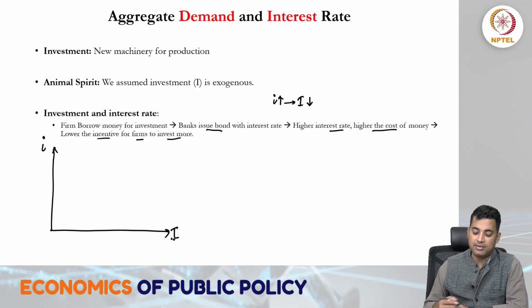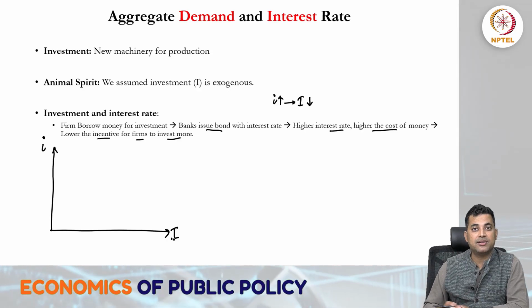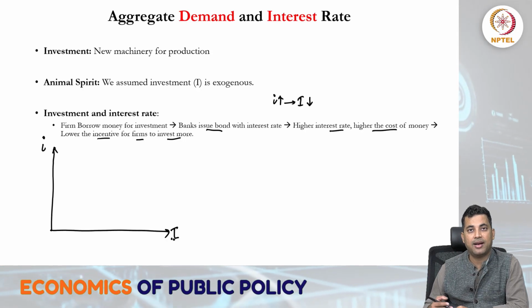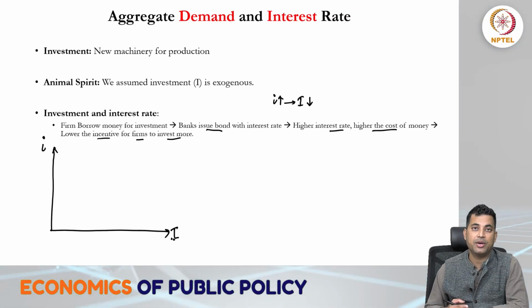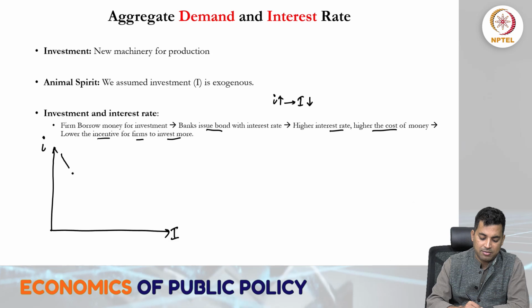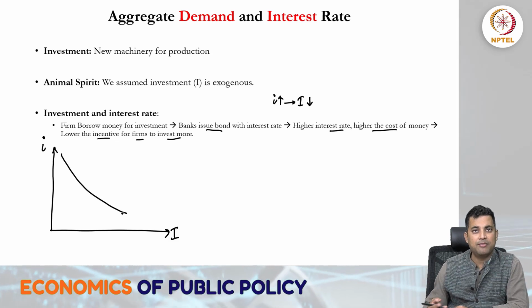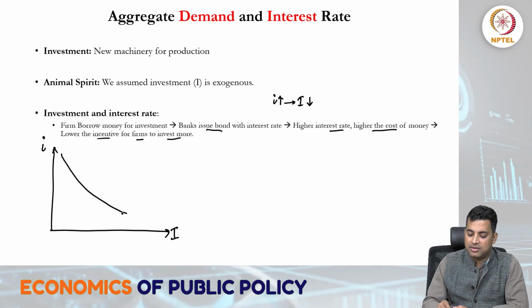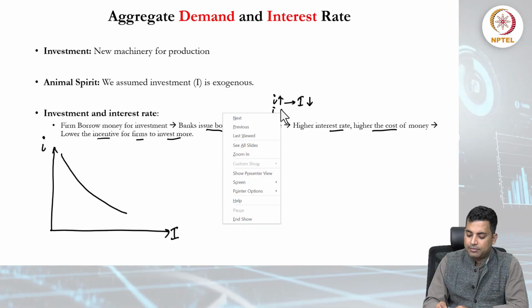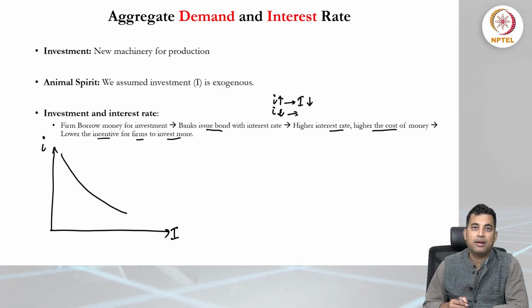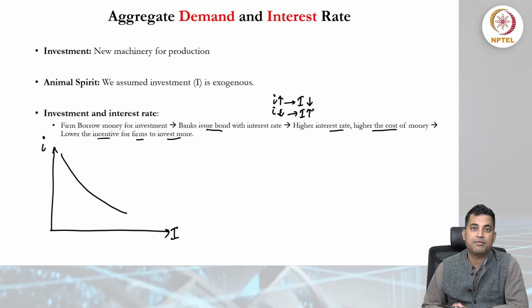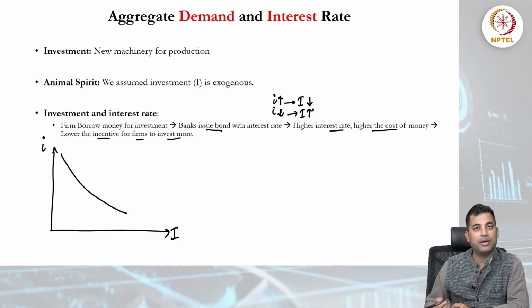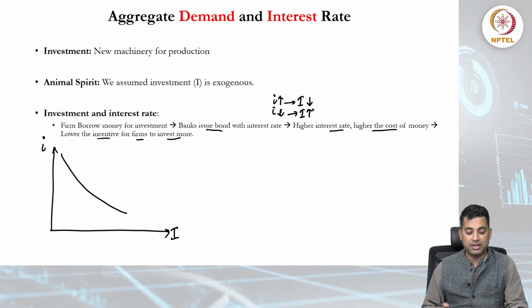If the rate of interest increases, then the cost of borrowing will be high, and for firms it will be a discouraging factor to invest more, and therefore this is negatively related. And vice versa, if the rate of interest is low, then the cost of borrowing will be low, and then firms' investment will be high. So it is a negative relationship.